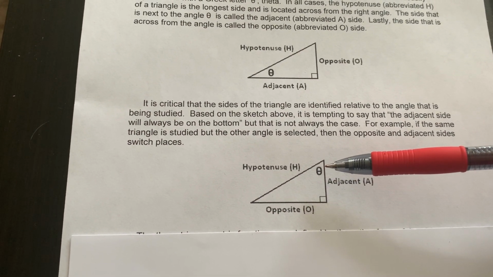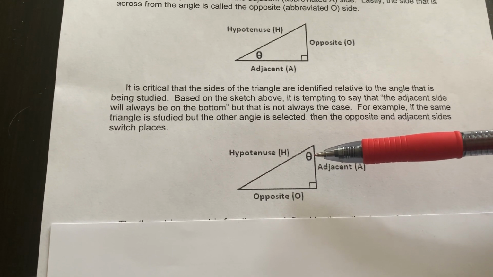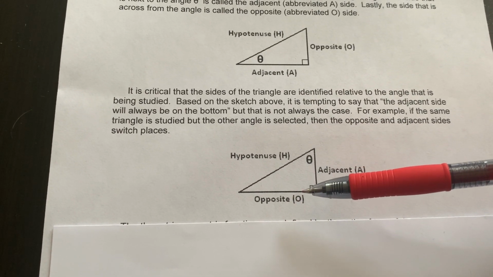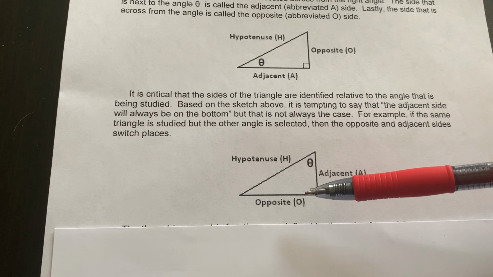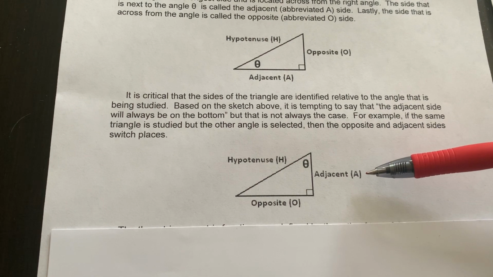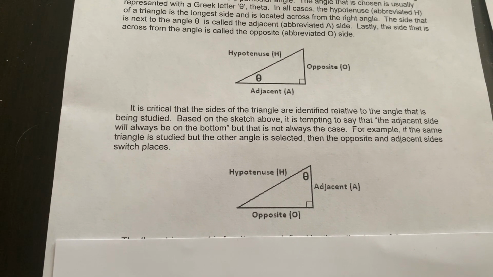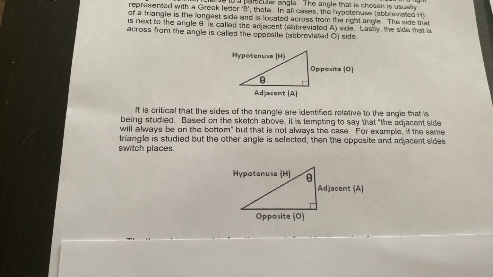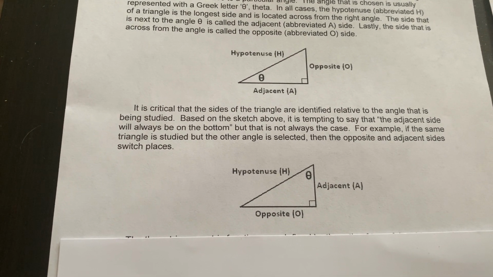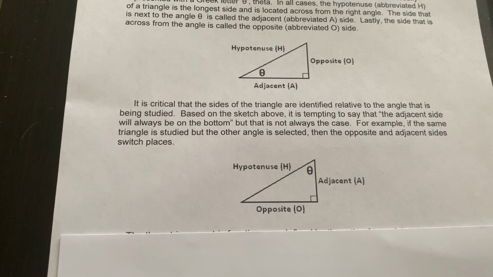But if I shift it up here, the side that's opposite, the side that's across from the angle, is down here on the bottom. The side that's adjacent, the one that's next door, is here on the right. So the opposite and the adjacent can switch roles depending on which corner of the triangle you're referencing, which of these angles is your perspective angle, where you're putting theta.